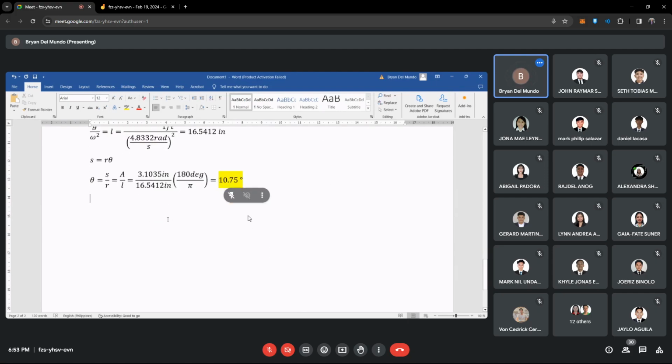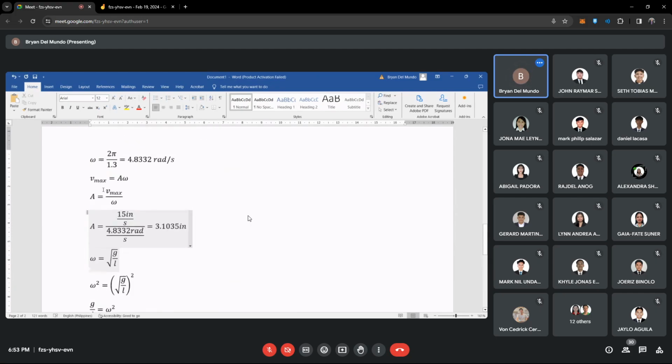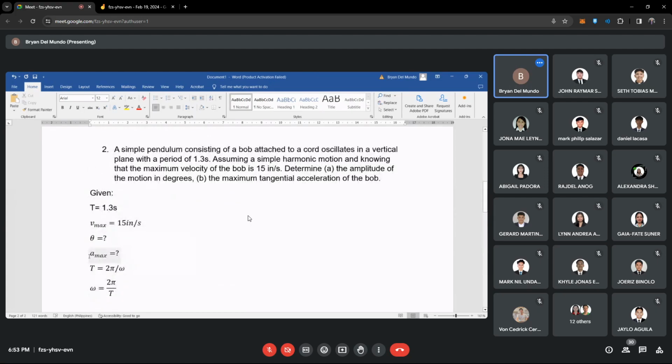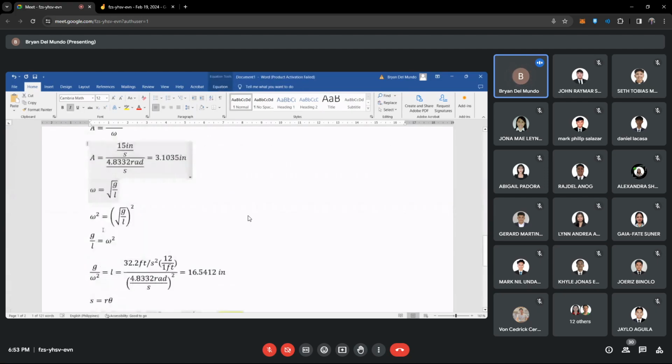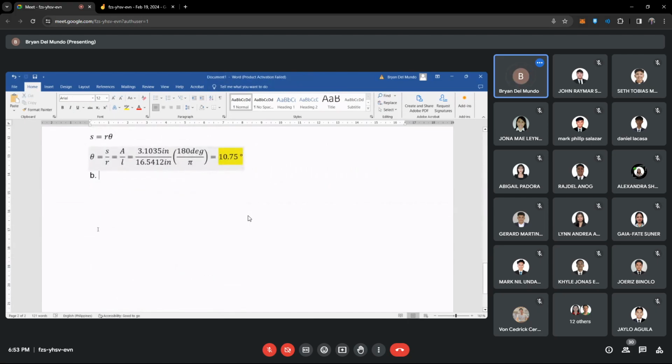And then, solve naman natin si tangential acceleration or the maximum tangential acceleration. So we have here our formula for the maximum tangential acceleration is also the same, since siya ay tangential, same lang din yung formula natin.